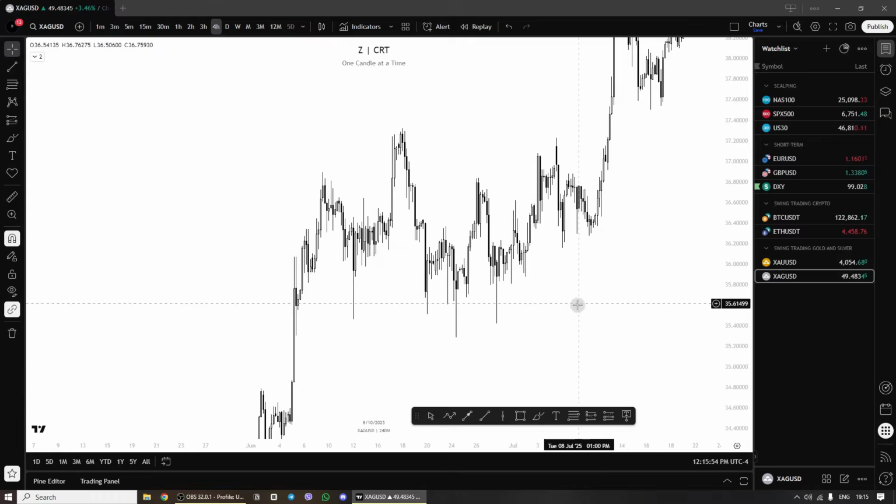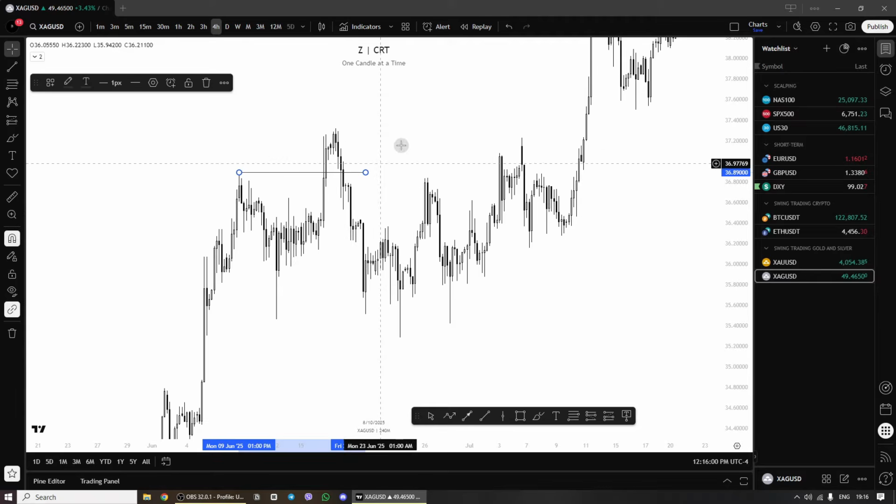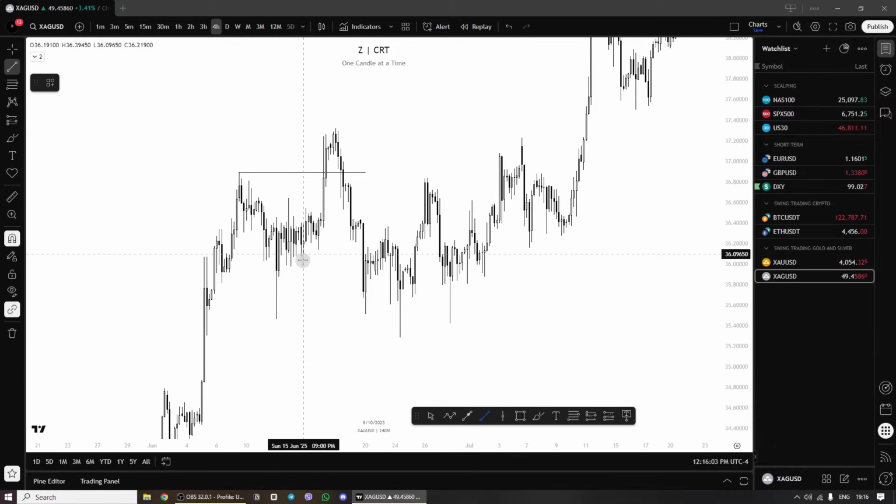Let's start from here. Now, our reading. Once going down, we rejected the high and we broke the low. Let's see, this low broke this high.